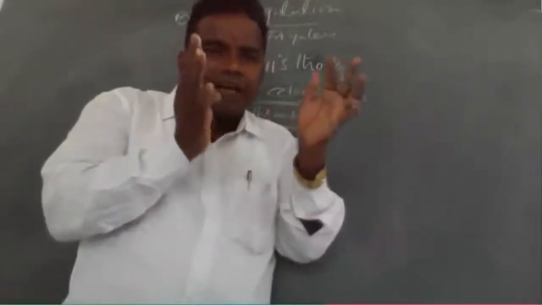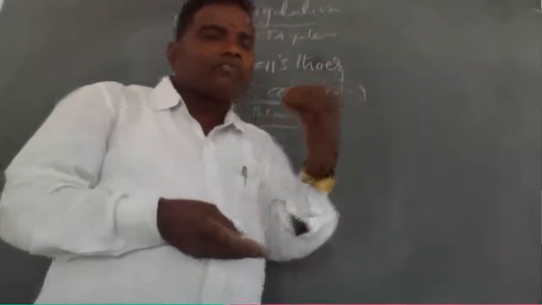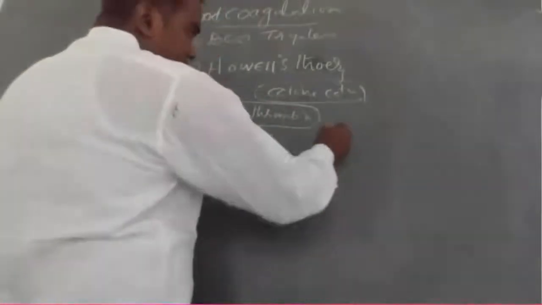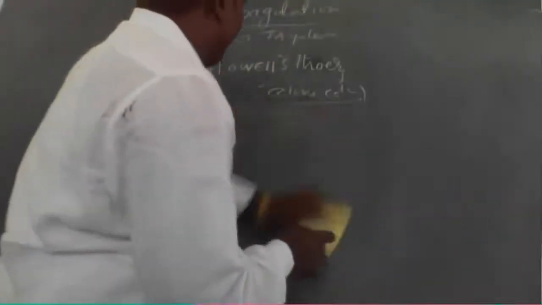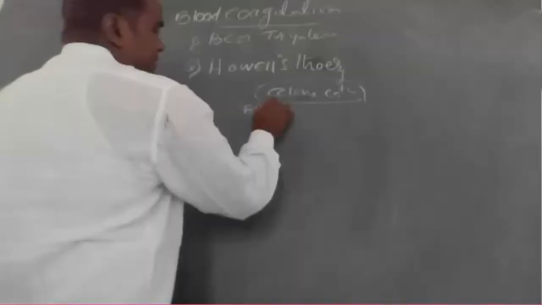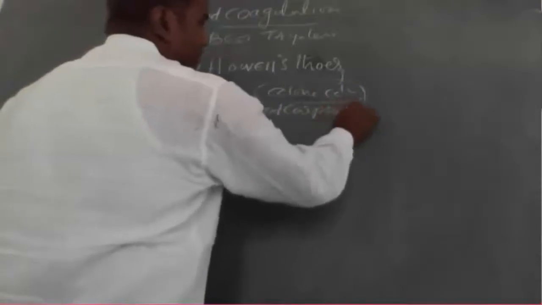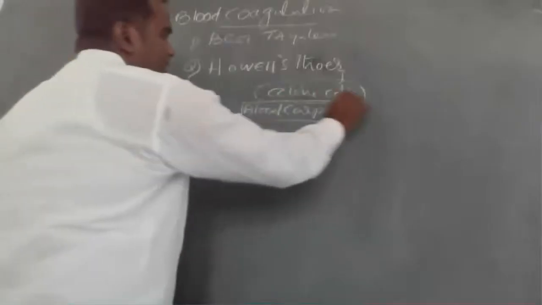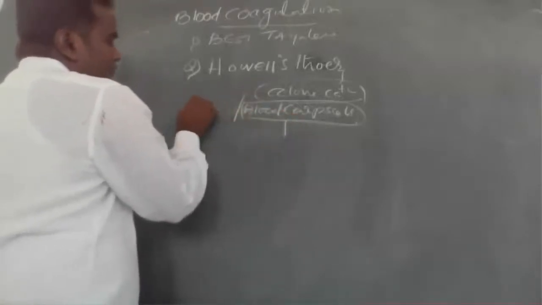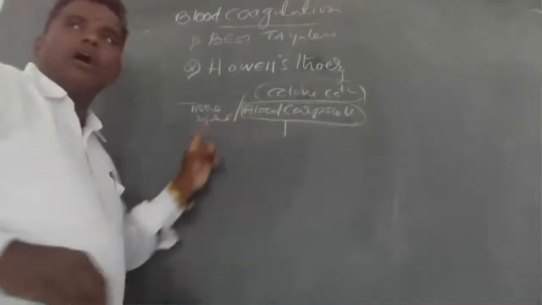Now, when the blood cells are injured, or the skin is damaged, in that place it takes a little bit of time. Remember one thing: from the injured blood cells, we should call it tissue injury, our blood cells are damaged.